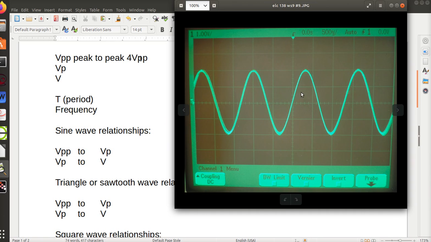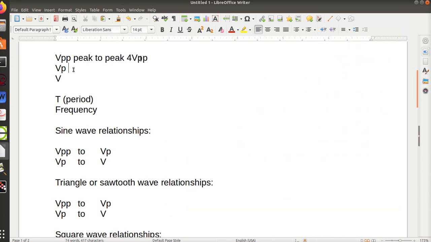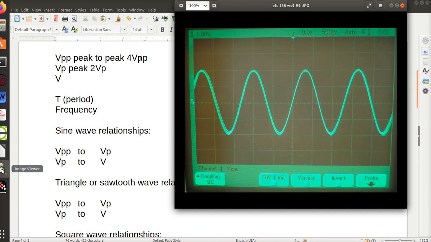So looking at the same waveform, this is now voltage peak, and that's assuming it's referenced from 0, and in this case it's 2 VP. So if somebody tells you to set a 2 volts peak to peak waveform or a 2 volts peak waveform, they're asking you to do the same thing. So it's very important to look at what they ask for specifically.